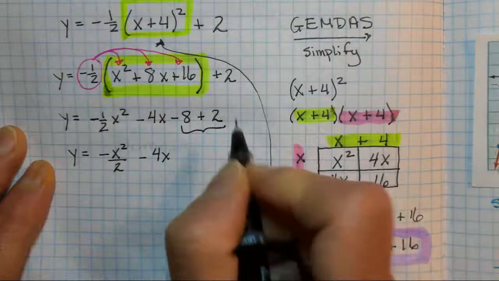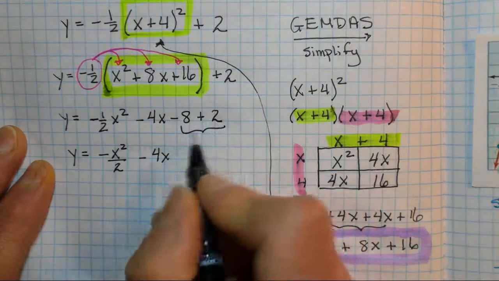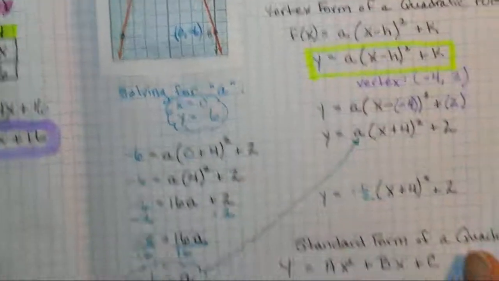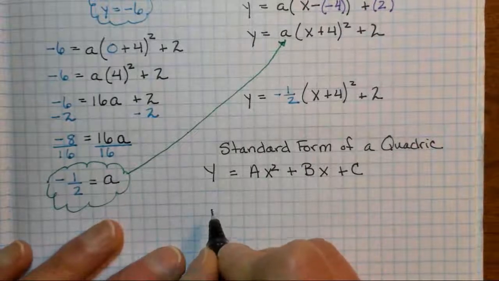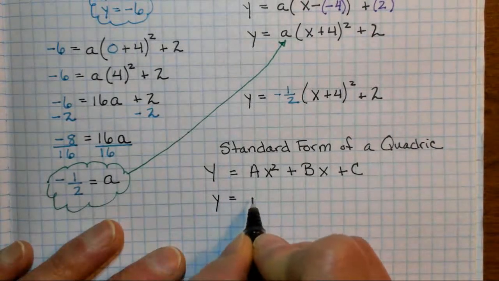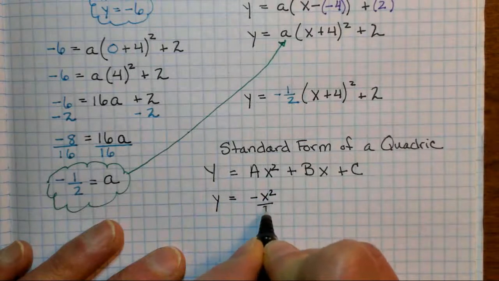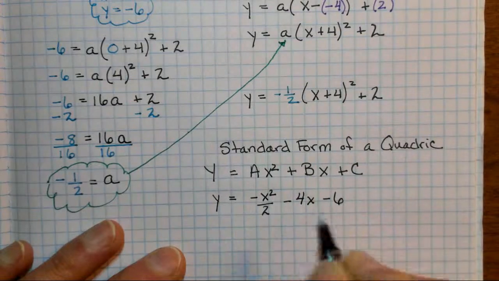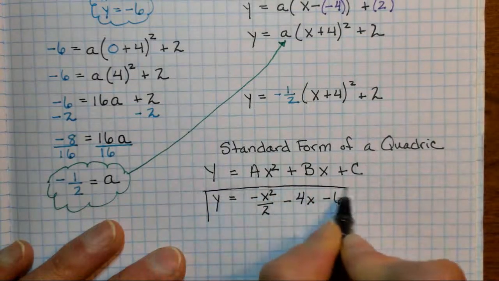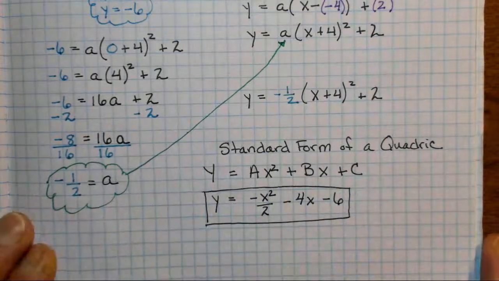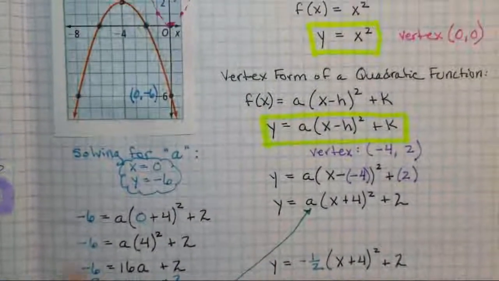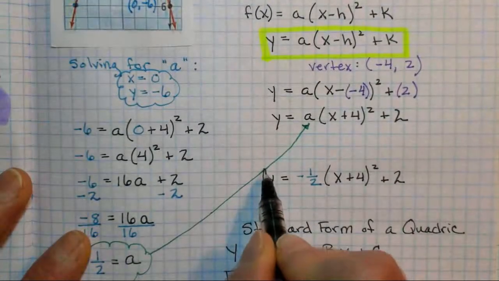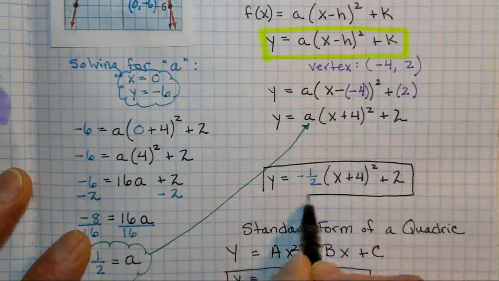These are like terms, so negative 8 and 2 gives me negative 6. So that means for my standard form, I have y is equal to negative x squared over 2 minus 4x minus 6. So that is standard form for this graph, and right here is vertex form for this graph.